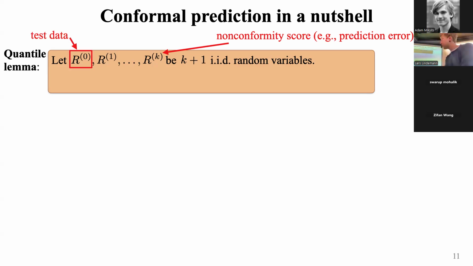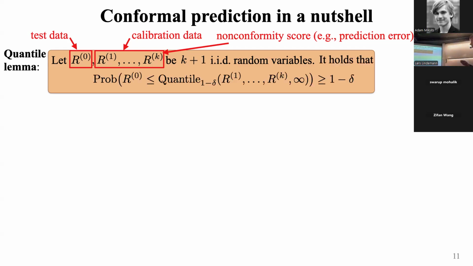And our goal then is the following. We want to find a probabilistic upper bound for the test data point R0 in terms of the calibration data R1 to Rk. And what one can show is that with a probability no less than 1 minus delta, this test data point R0 is bounded by the 1 minus delta quantile over the empirical distribution of R1 to Rk, so of our calibration data, and infinity.